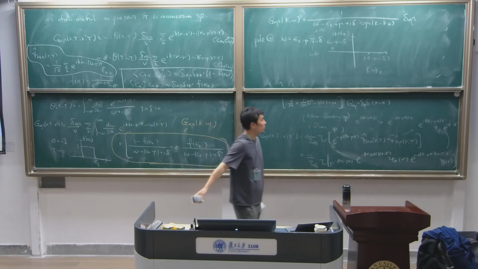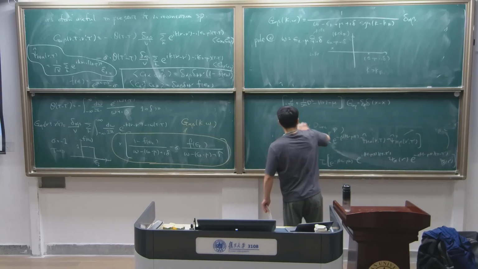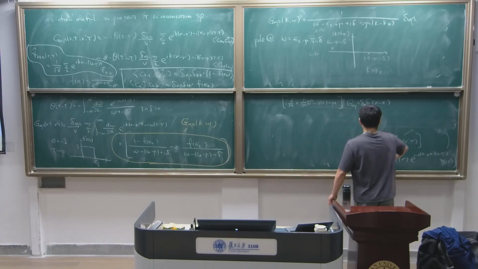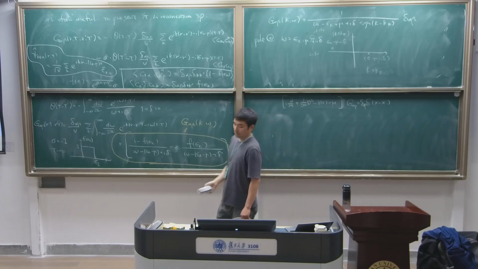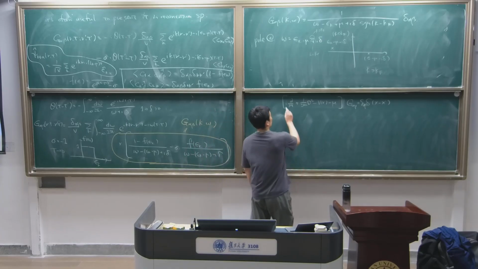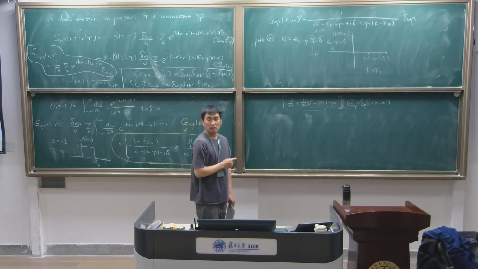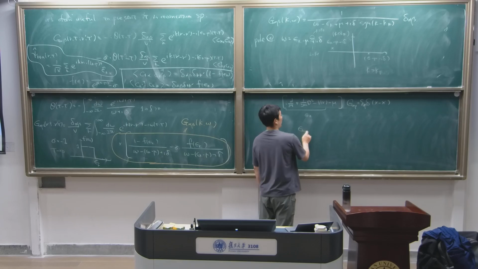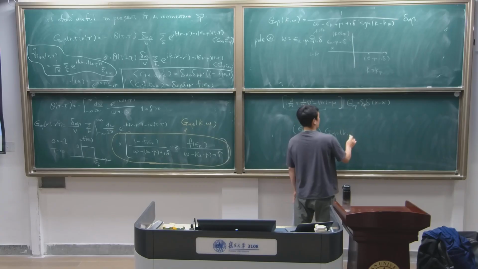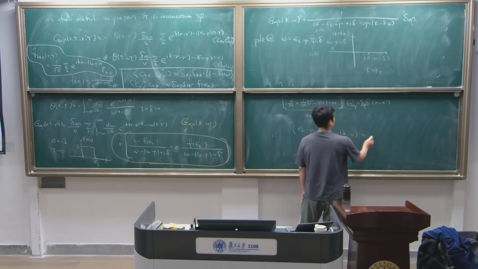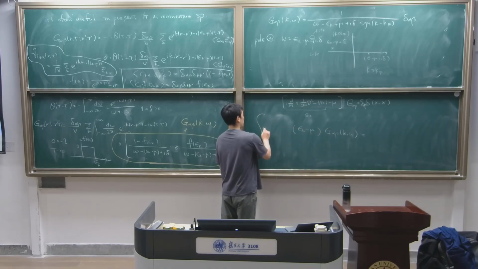And if you do the Fourier transformation of this one, this guy will give you e to the k, essentially. So e to the k minus mu acts on G alpha beta of k and omega, and this is essentially whatever epsilon k.